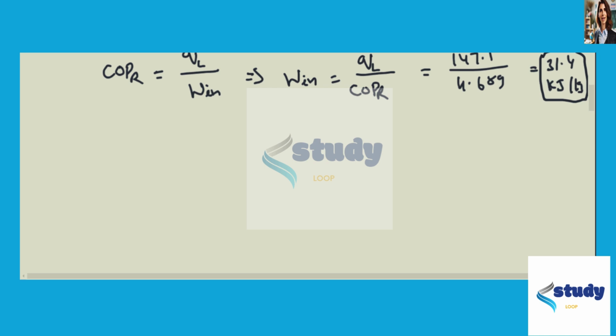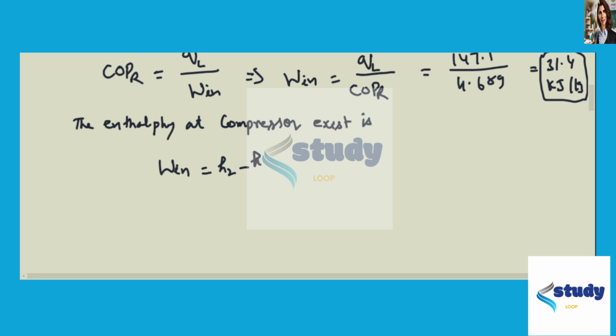The enthalpy at compressor exit is, so H2 will be H1 plus work input.